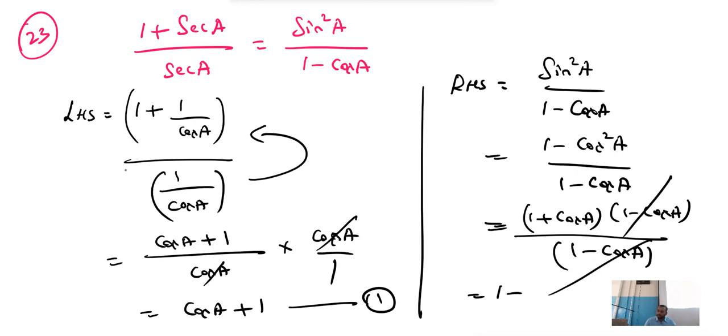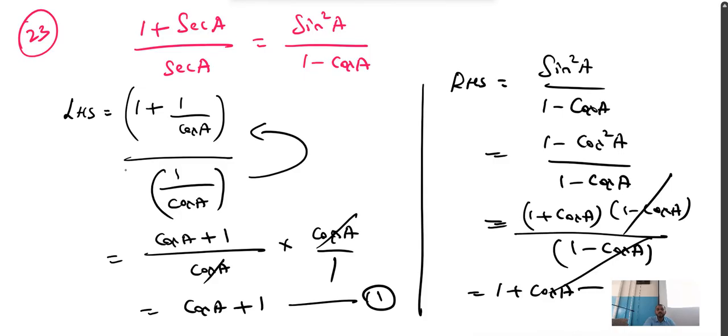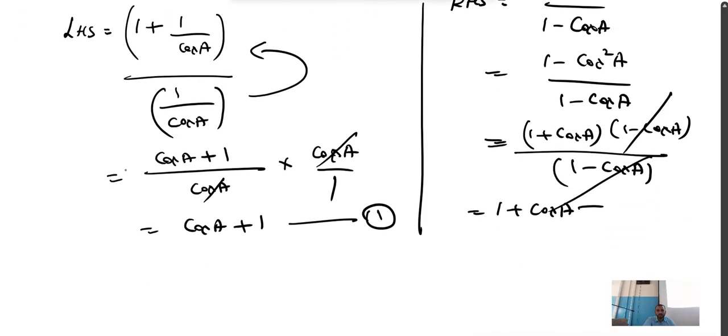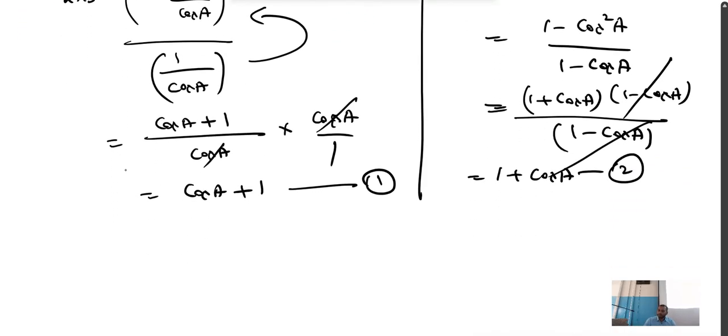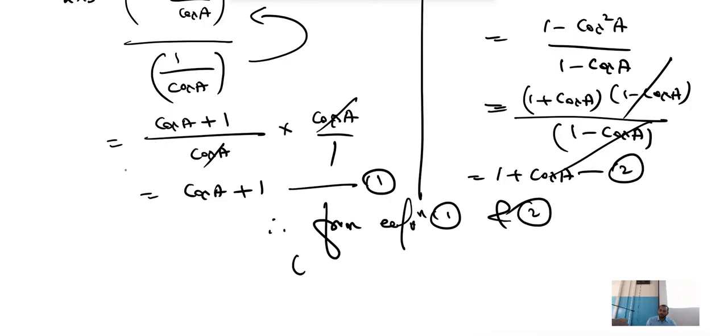Answer is 1 plus cos A. Here also cos A plus 1 is 1 plus cos A only. This is equation 2. Therefore, from equation 1 and 2, we can say that LHS is equal to RHS.